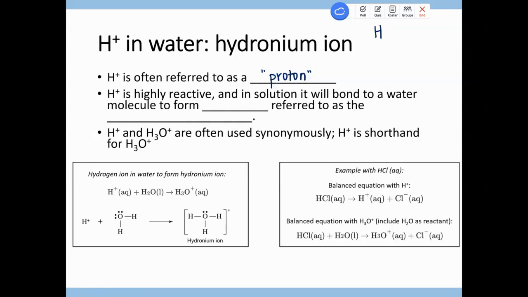Its atomic mass is 1. It has 1 proton. And neutral hydrogen, if it has 1 proton, it must have 1 electron. And that's a hydrogen atom. Neutral hydrogen atom, 1 proton, 1 electron.